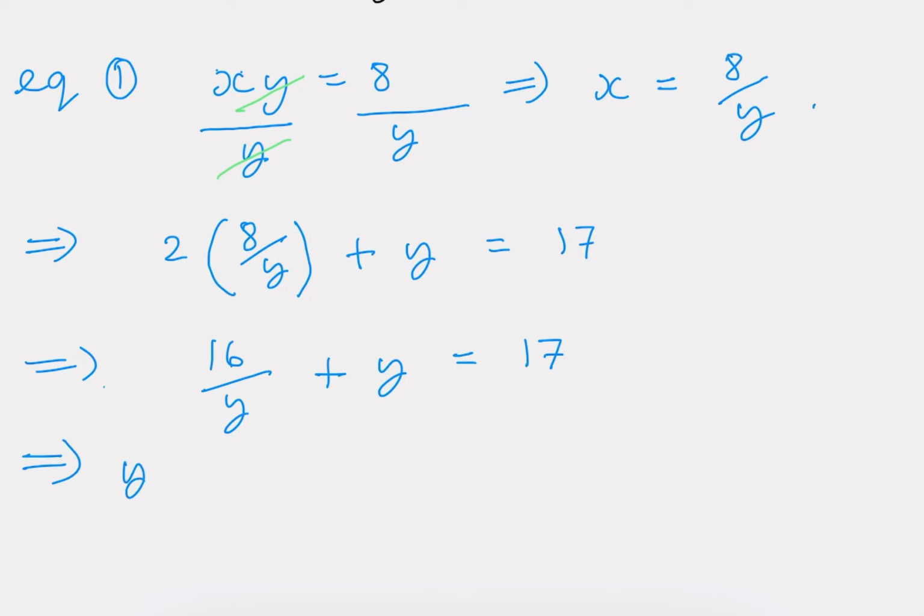Now we're going to have y multiplied by 16 over y, plus y multiplied by y, is equal to y multiplied by 17, and that gives you 17y.